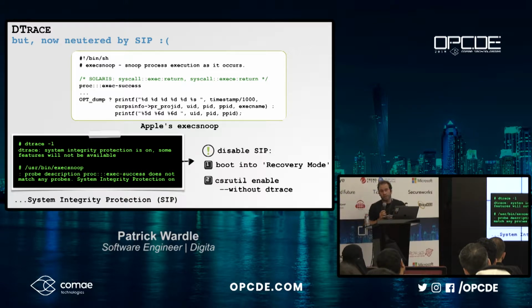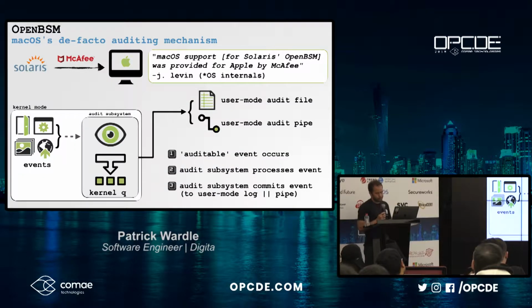You can turn System Integrity Protection off if you reboot into recovery mode and toggle it. But that's only going to work, for example, on your own developer box if you're poking around. If you want to utilize dtrace, for example, in a security tool, that's not going to work for end users, because they're obviously going to have System Integrity Protection turned on, and they're not going to want to jump through the hoops of turning it off.